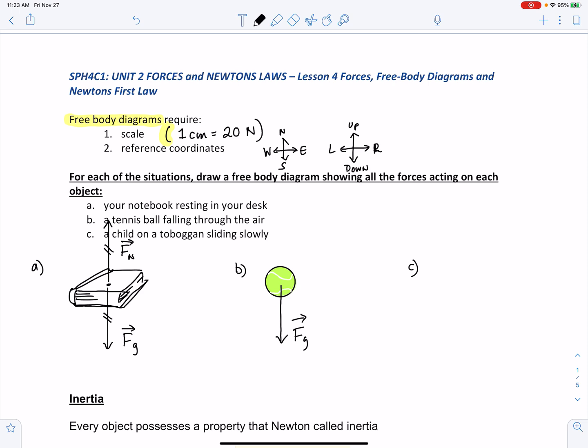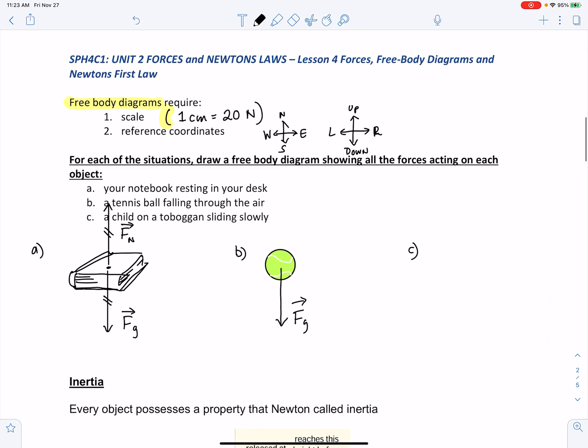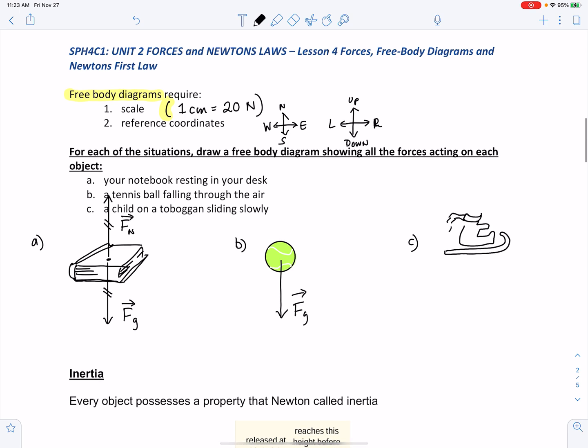Next, we'll look at a child on a toboggan. A toboggan is another term for a sled. So let's draw a child on a toboggan. It's a Canadian winter, so this child is all bundled up and tobogganing in the snow.